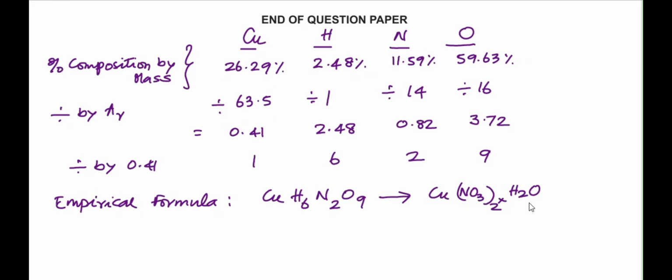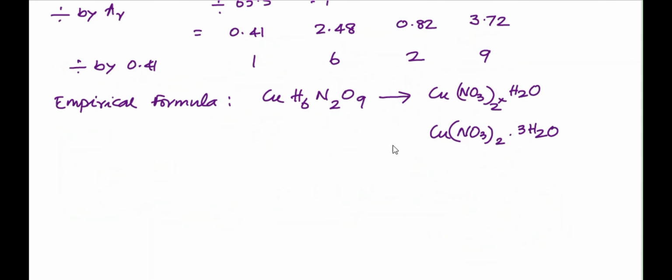Obviously there should be 3 molecules of water. So let us try this out. Cu(NO3)2·3H2O. That works. All elements are balanced. Therefore we can write compound F is this one.